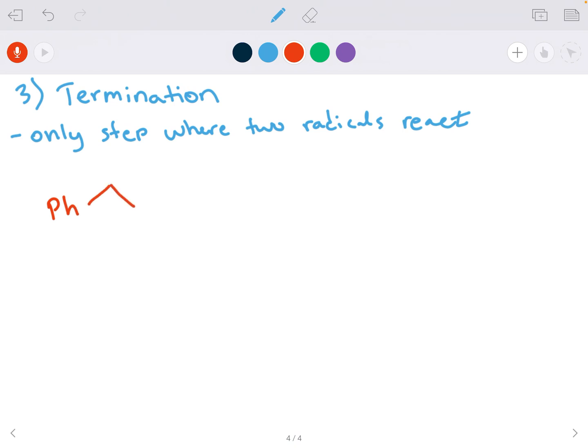So I've got my radical hydrocarbon here, reacted with the radical bromine, to give our product. So that is the termination.